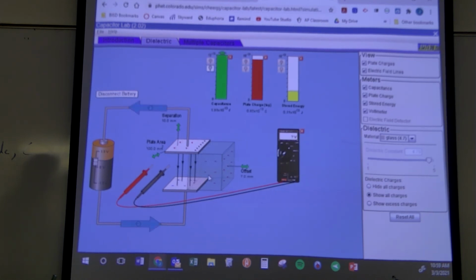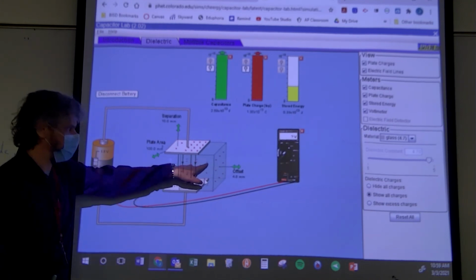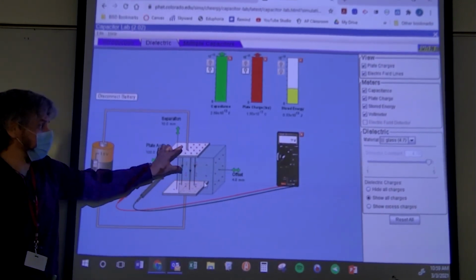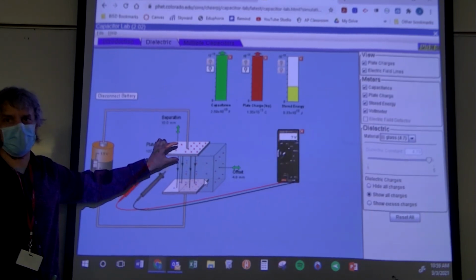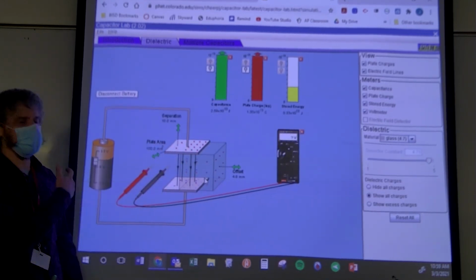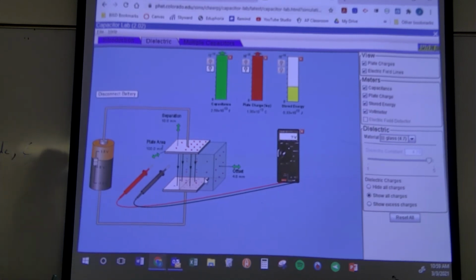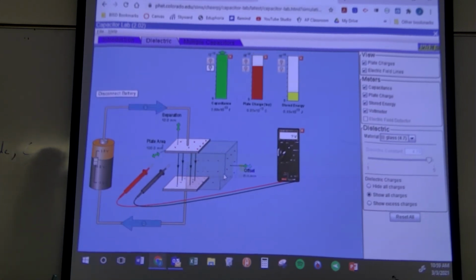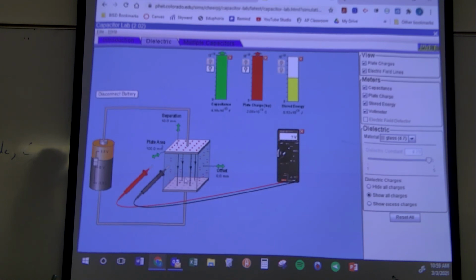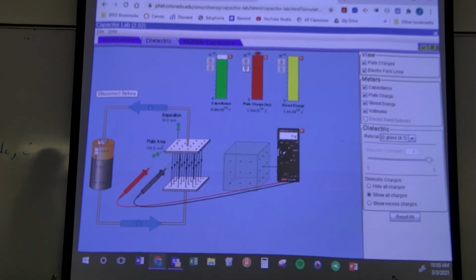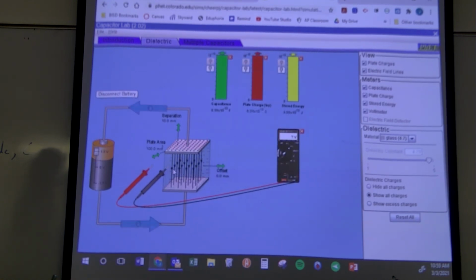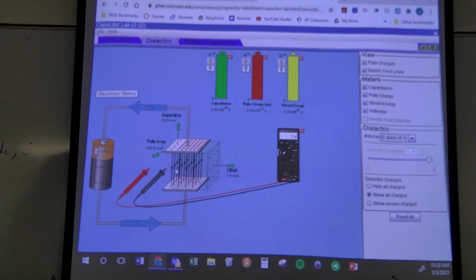And then when I slide this guy in, those of you sitting up front, you see that the overlaid positives and negatives get separated. You guys see that? If you can't see it, then I apologize. But just PhET capacitor dielectric. Put that in Google and you'll pull this simulation up.